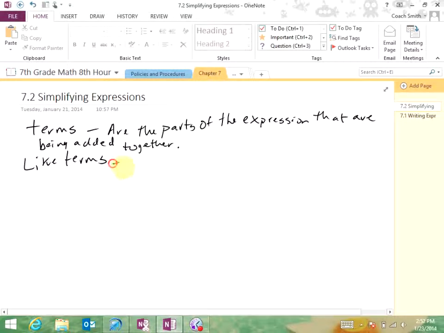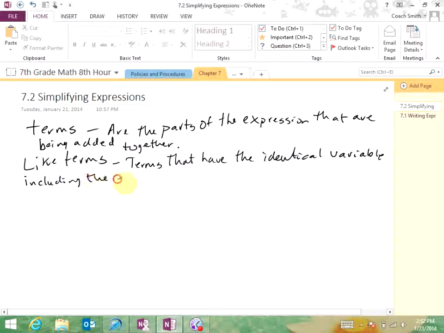Okay? Like terms are terms that have the identical variable, including the exponent. Okay?